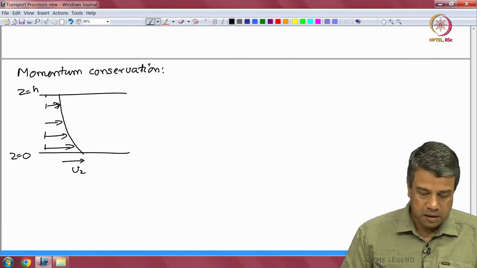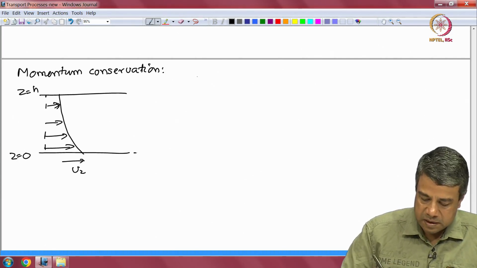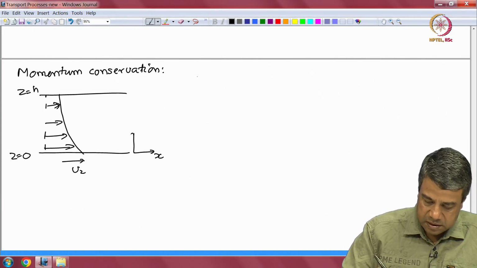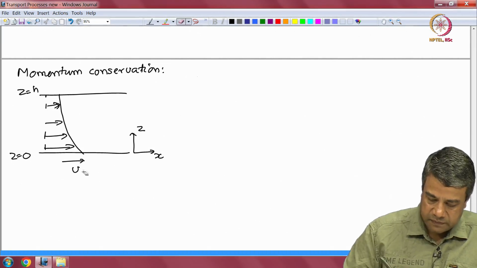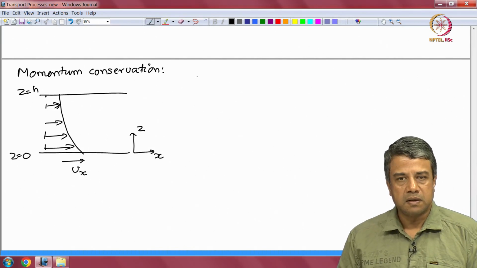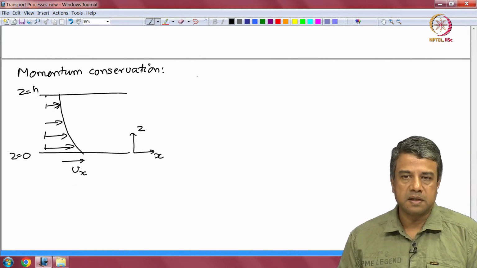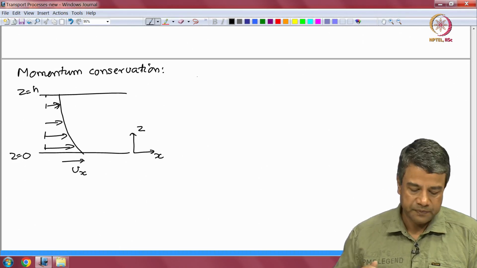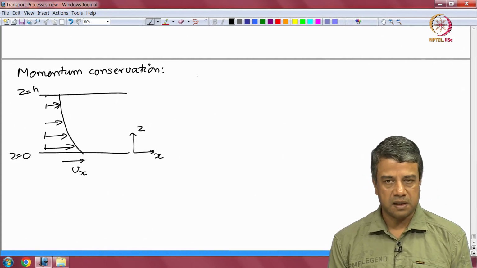How do we get the momentum conservation? First thing we note is that momentum is a vector. There is an x direction and there is a z direction. This velocity is the velocity in the x direction. The assumption is that there is a variation in Vx in the z direction.